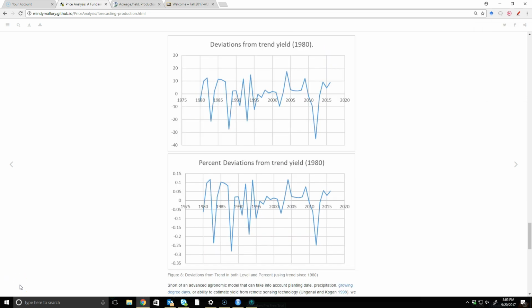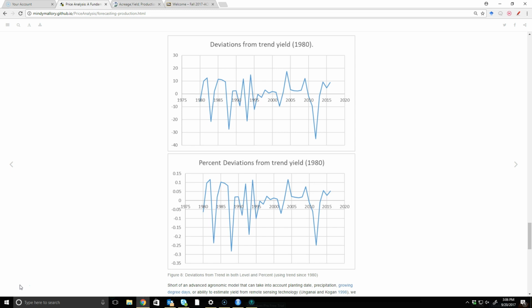Now, the advantage to this approach is you can say to yourself, okay, this year we have 6 more inches in July than average in terms of precipitation. Let me go and find a year in the recent history and see what we ended up with in yield in that kind of weather outcome. And so looking at historical deviations from trend yield can allow you to do that kind of analysis.